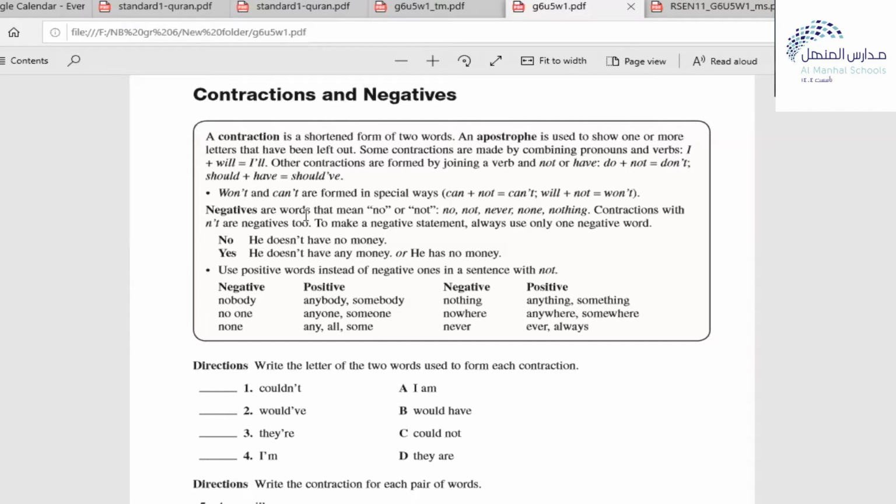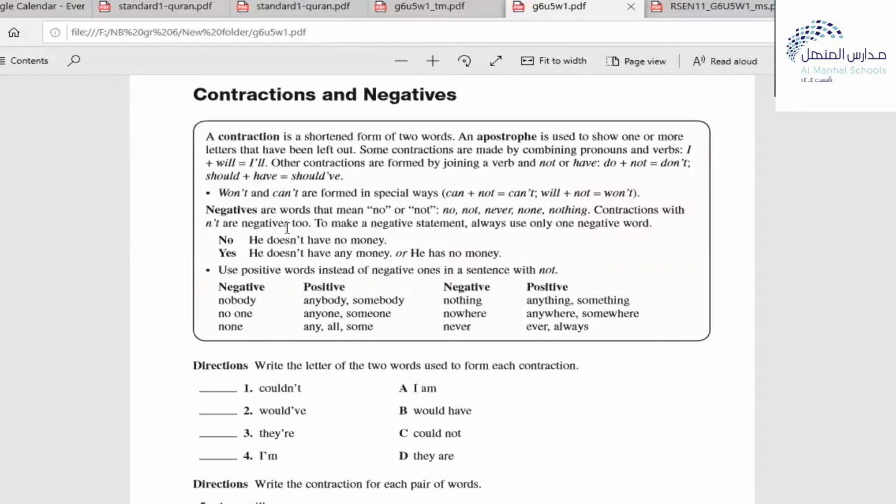They are not following the same rules. Can't is a short form for can and not. Can plus not equals can't, and will plus not equals won't.